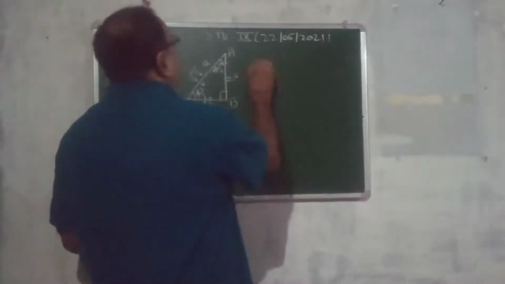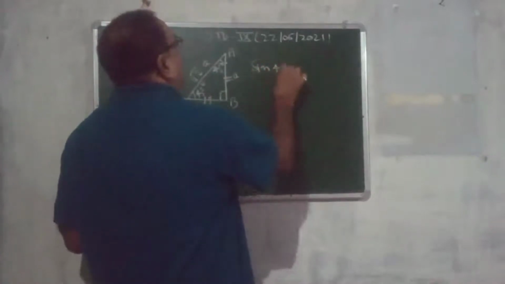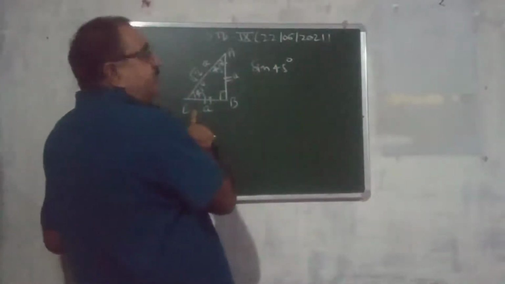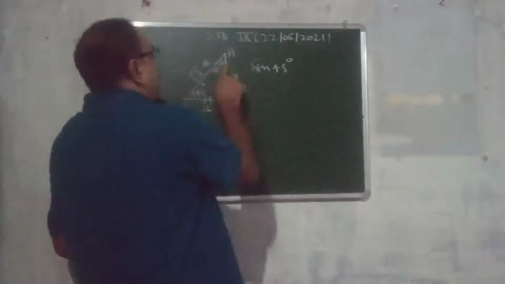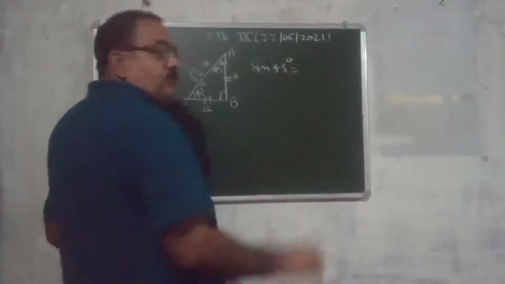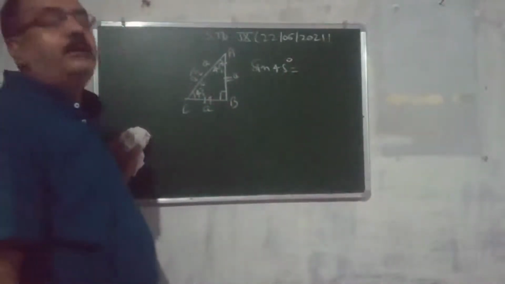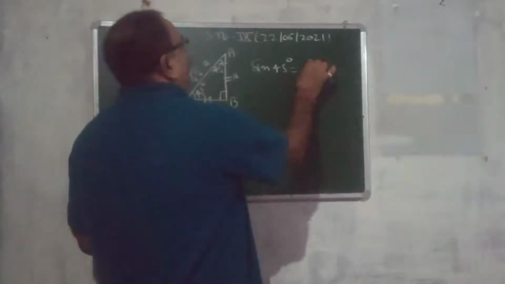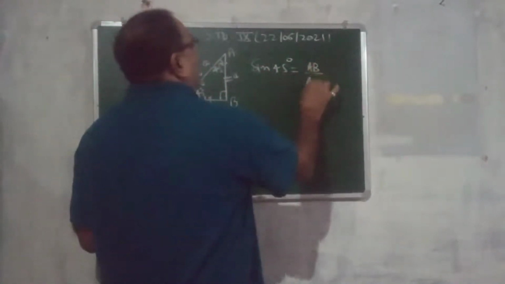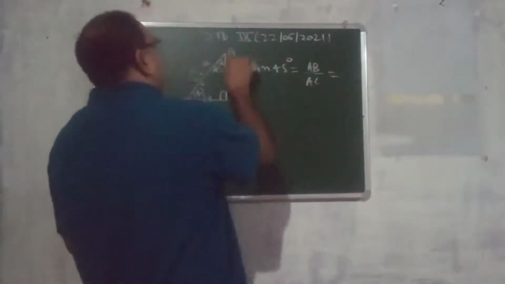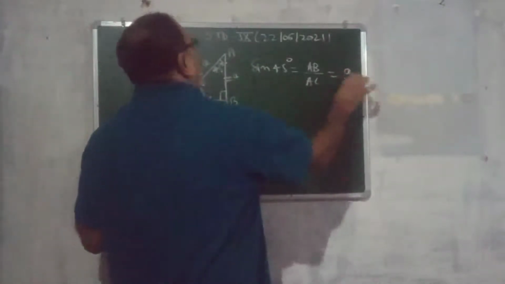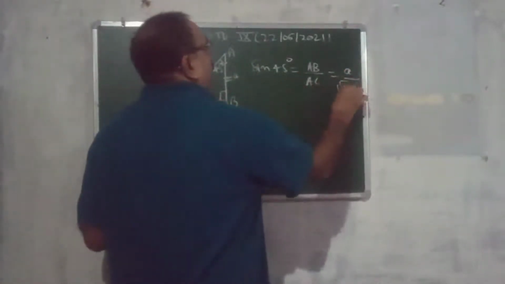So if we take sin 45 degree at angle C, then for this angle AB is perpendicular, and sin theta is equal to perpendicular by hypotenuse. Perpendicular is AB, hypotenuse is AC. AB is A, hypotenuse is root 2A.